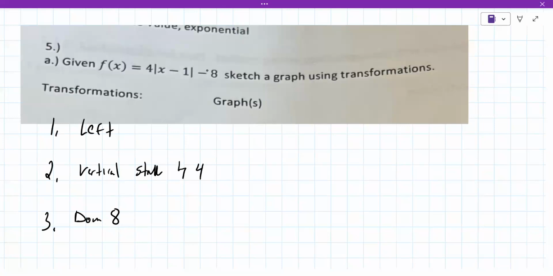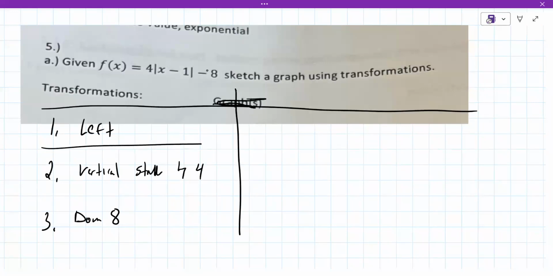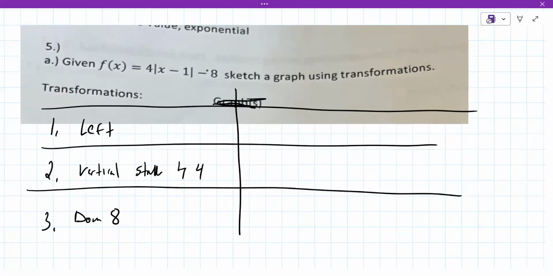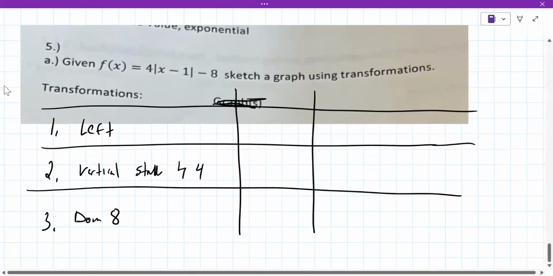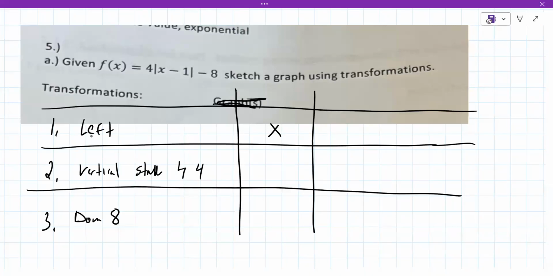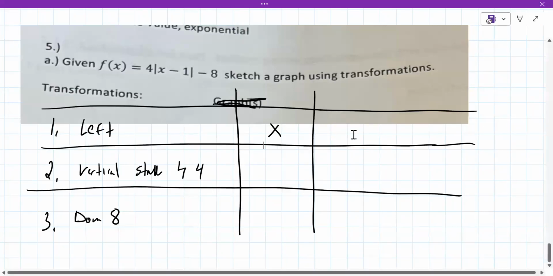Now, before we graph this, can you tell me whether each one of these affects the X or the Y? Does going left affect the X or the Y? The X. How about the vertical? Well, actually, let's do that now. What happens to the X? What does this -1 mean?